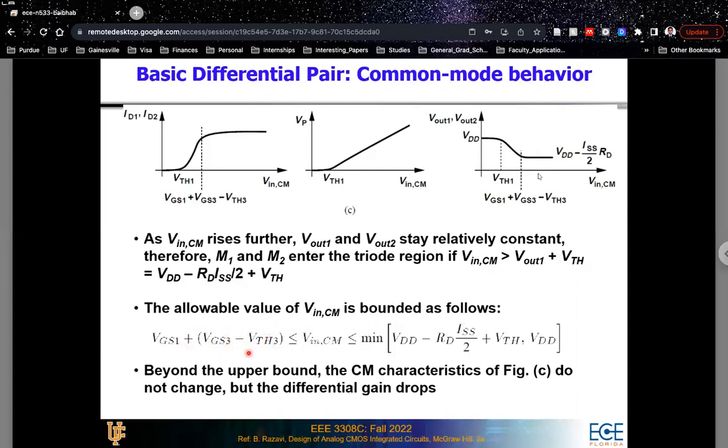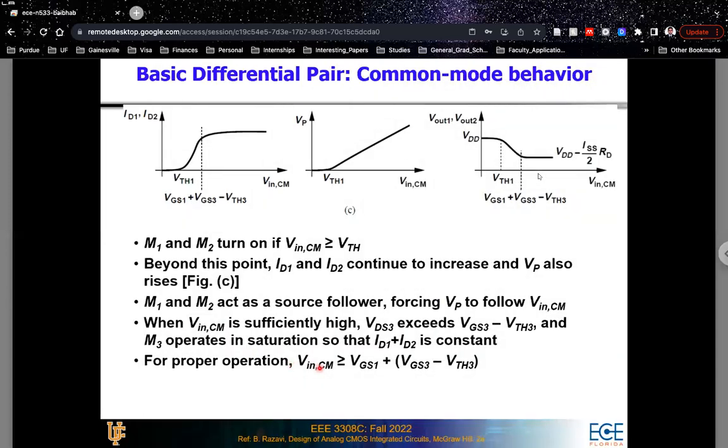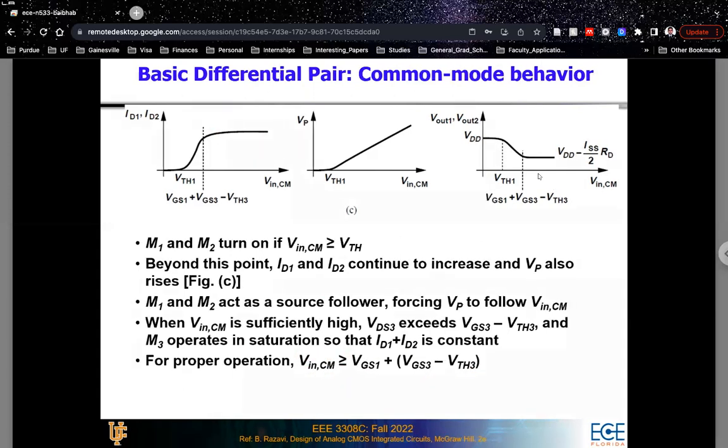That's something we found out from the previous slide, that your Vin,CM has to be greater than VGS1 plus VGS3 minus VTH3 for the transistor M3 to be in saturation.